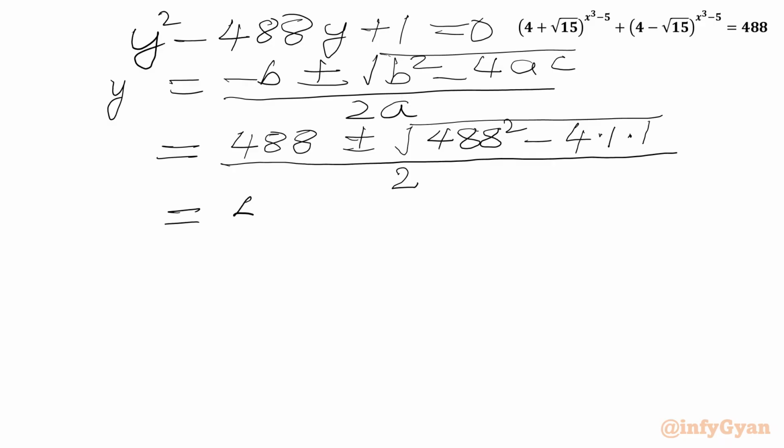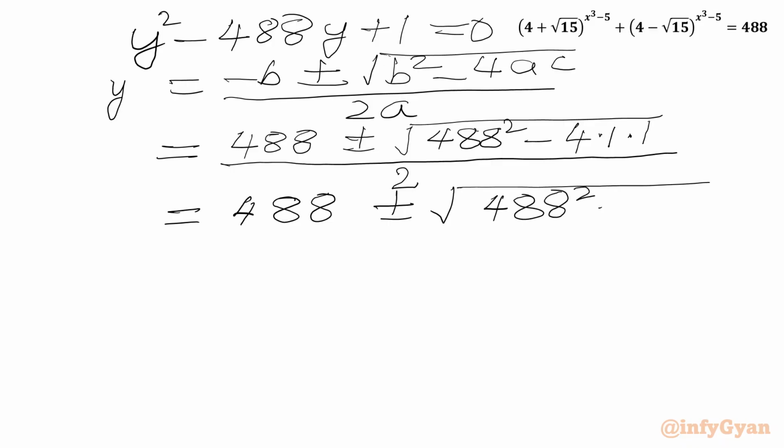This will be equal to 488 ± √. We'll write 488² as it is. Then 4 times 1 is 4, which is square of 2. We are writing in this form so that we can apply the a² − b² formula over here.